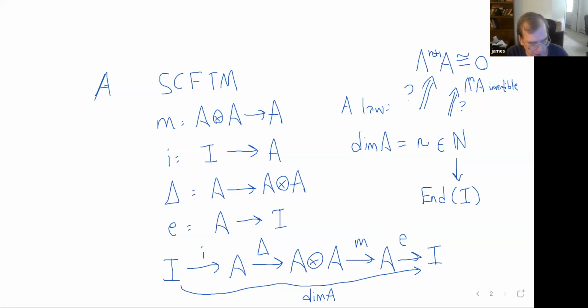And that philosophy that you suggested makes sense regardless of which definition of dimension of a vector space you're using, right?